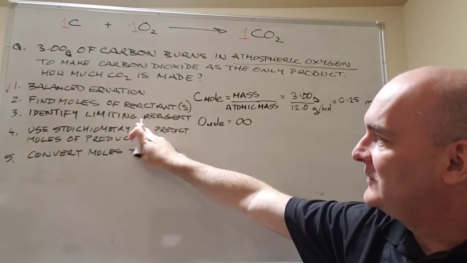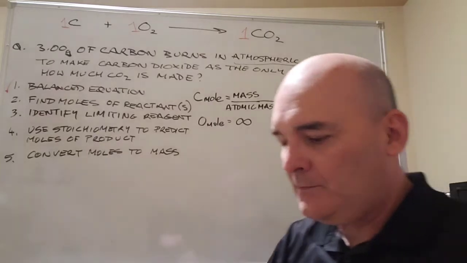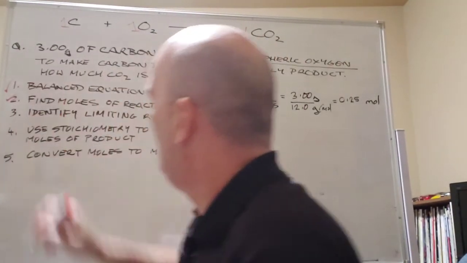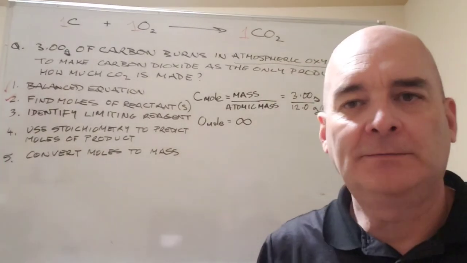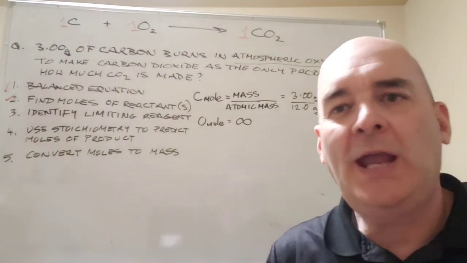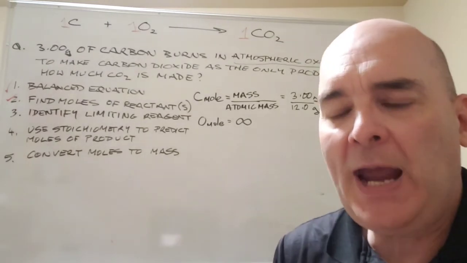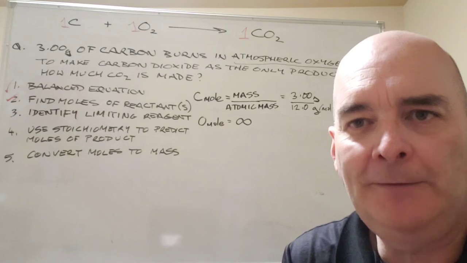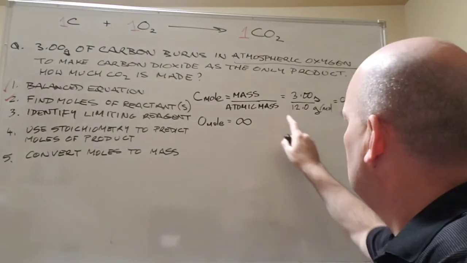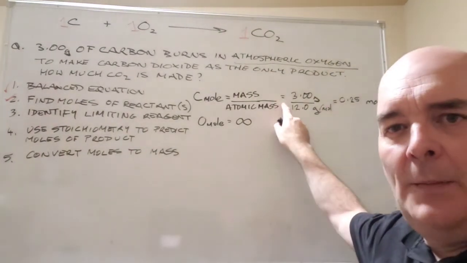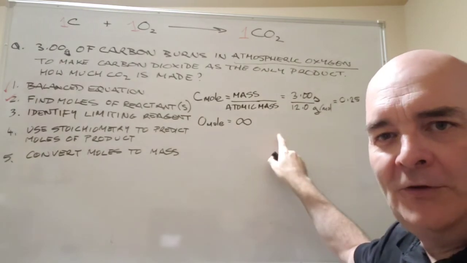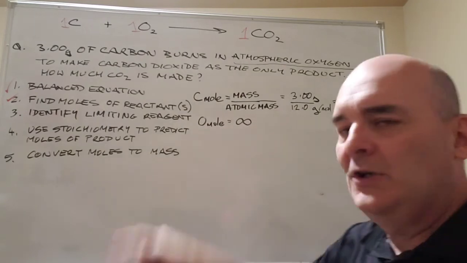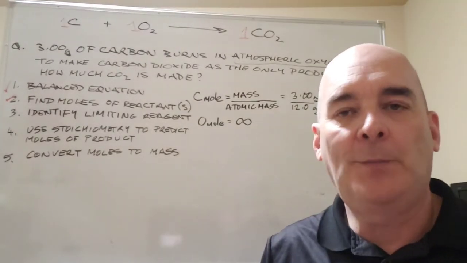The next part of the step says, identify the limiting reagent. Well, the limiting reagent is the reactant that is in the smallest mole quantity. That's the carbon. Carbon is burning in all of the oxygen that's in the atmosphere. So the oxygen is not holding the reaction back.